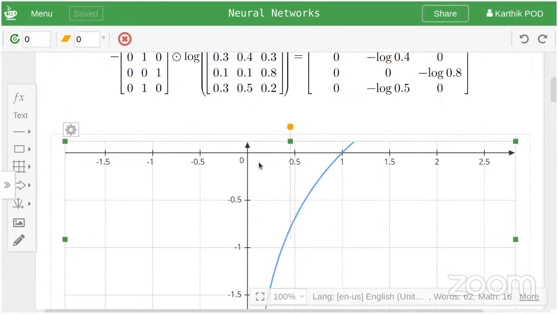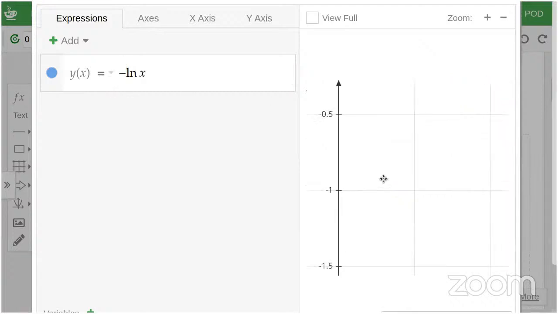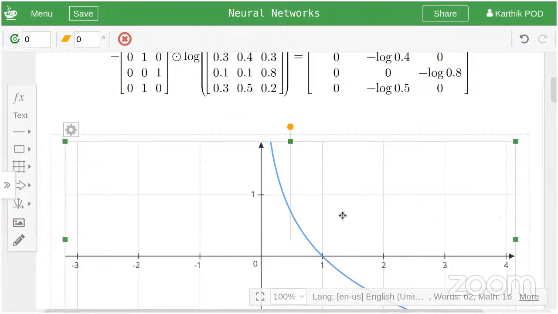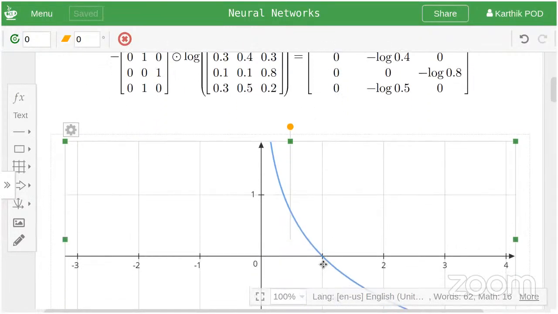Let's plot minus log x. Minus log x is in some sense our loss, right? So the closer we are to 1, the smaller the loss.